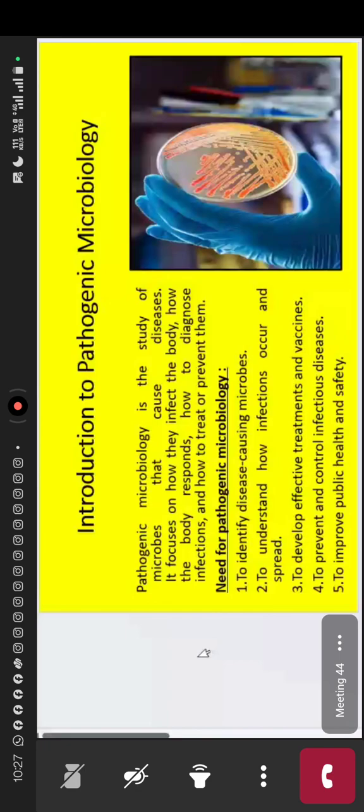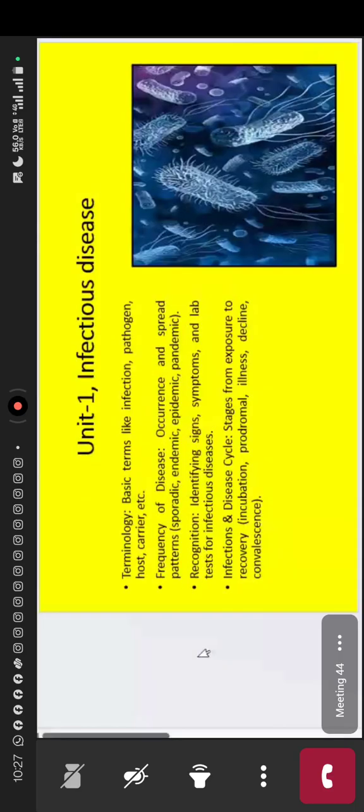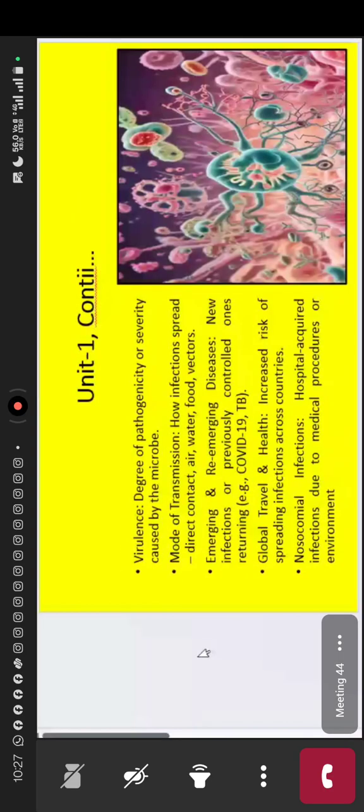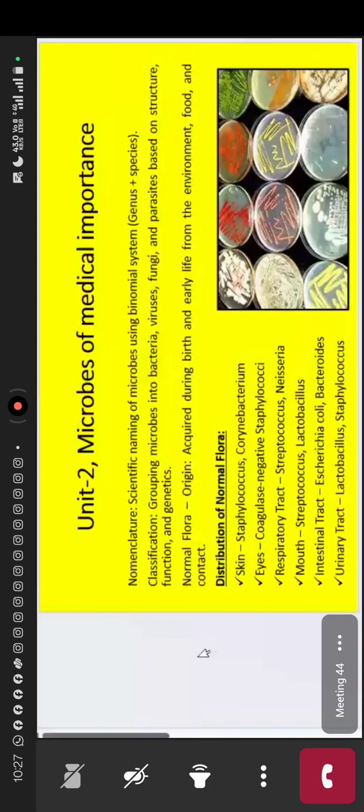In unit 1 we saw some terminologies, some virulence factors, some modes of transmission, and emerging and re-emerging infections. In unit 2 we saw nomenclature: to name any particular bacterium, we use the binomial system, in which the genus and species names are combined.